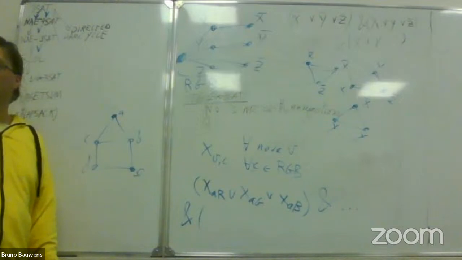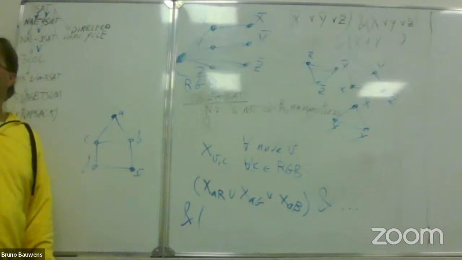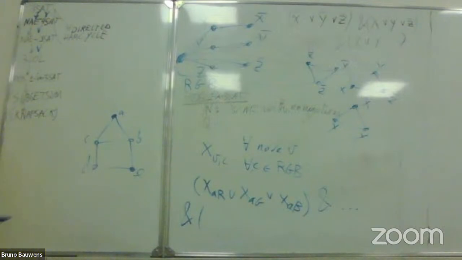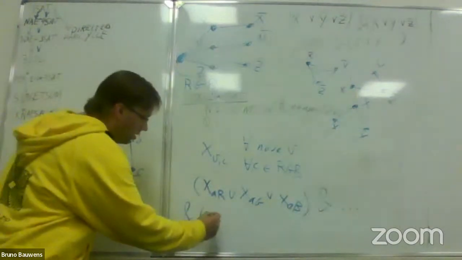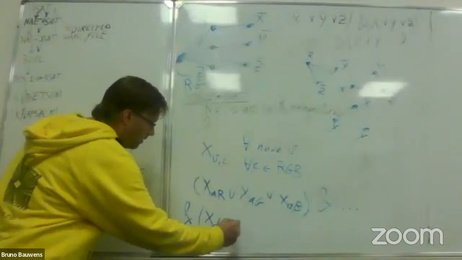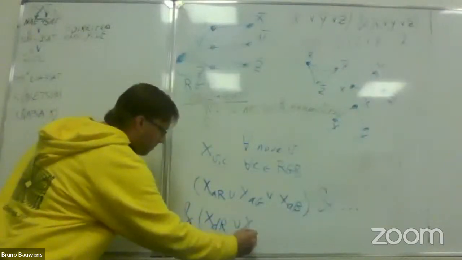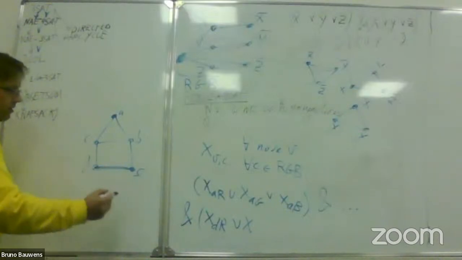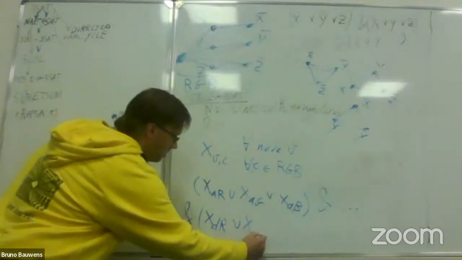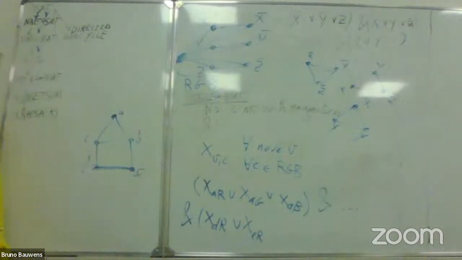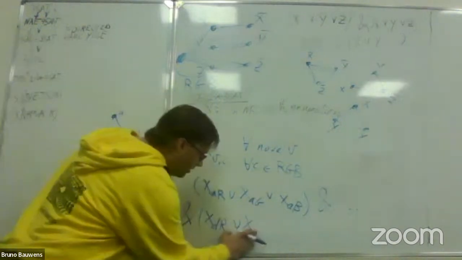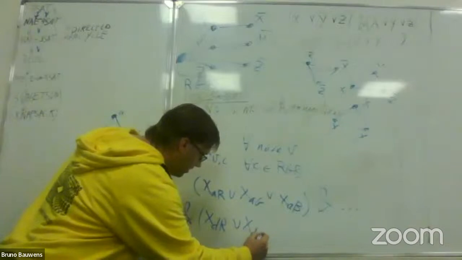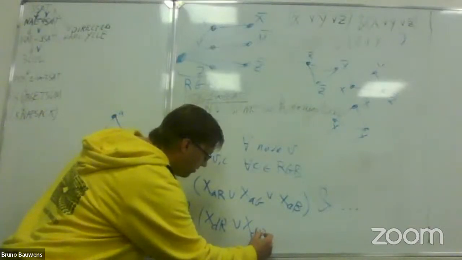Two-variable clauses might just work. Like if we add, say, X_D,R or X_E,R, and then the other colors for the other node.